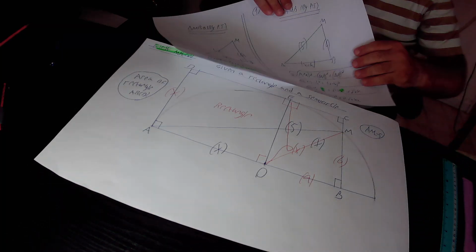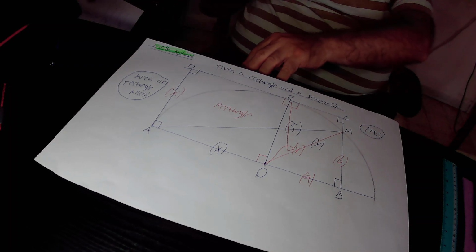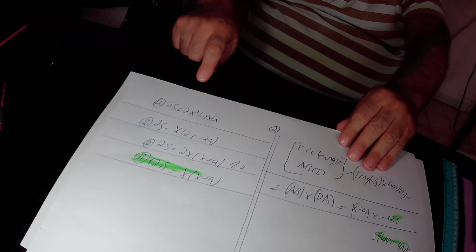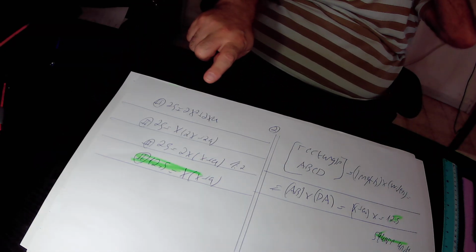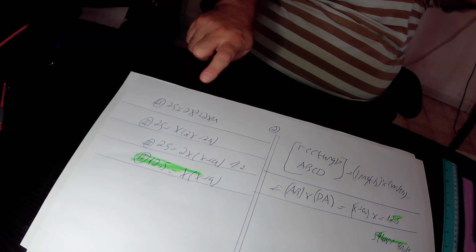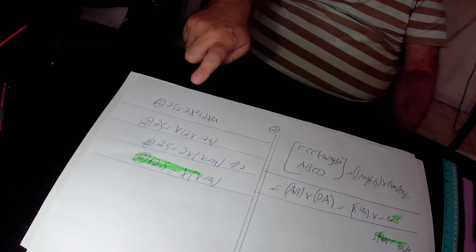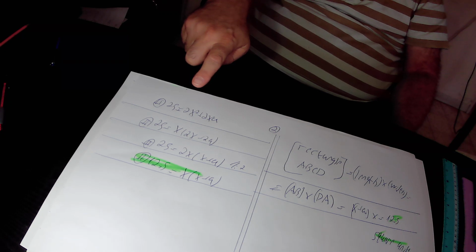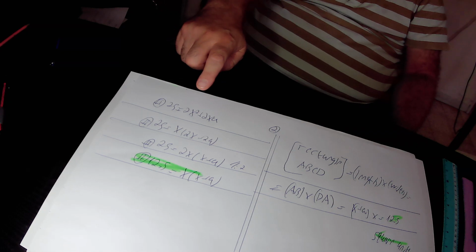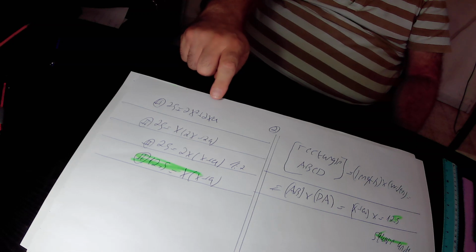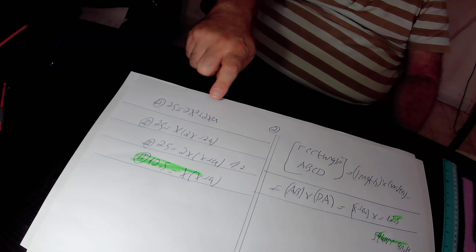Okay, again according to equation 2, we found out that 25 equals 2x squared plus 2xa. So here we can divide this equation 2 by 2, and we get that 25 over 2 is 12.5, and it is equal to 2x squared over 2 is x squared, plus 2xa over 2 is xa.